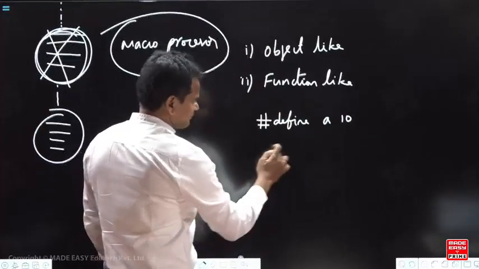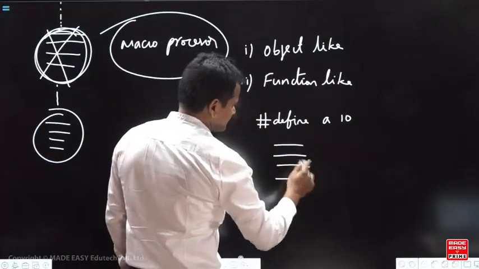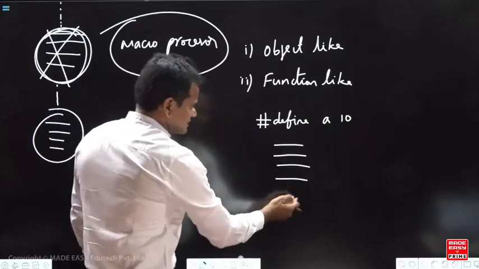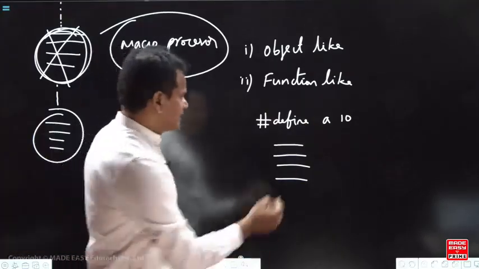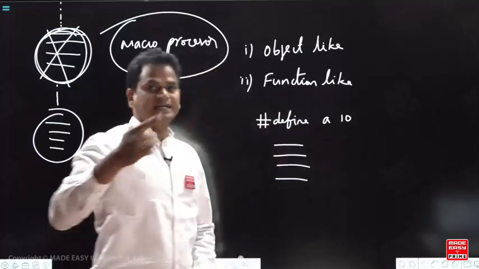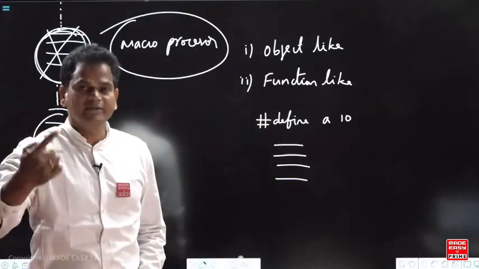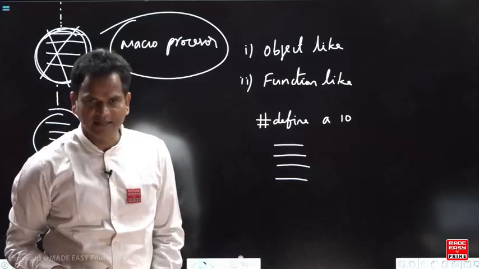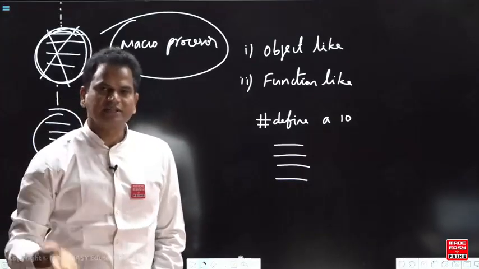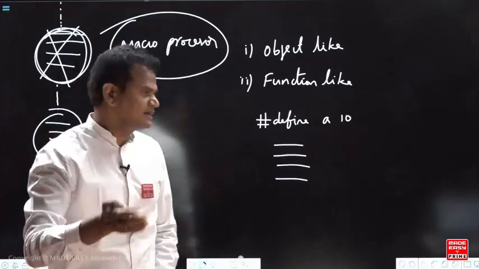In the program, after this, wherever A is there, before compilation, that A will be replaced with the value 10. Are you following? So before compilation, this macro expansion will be done.